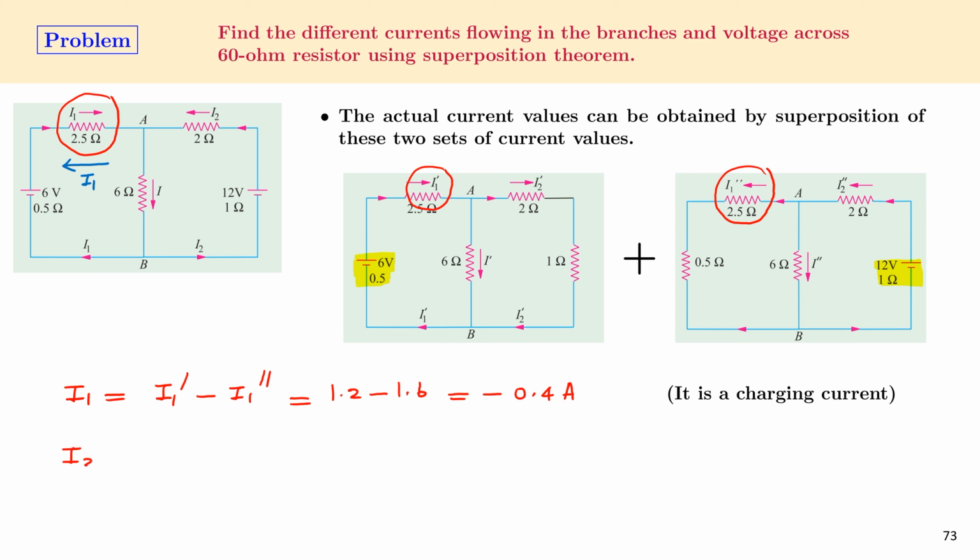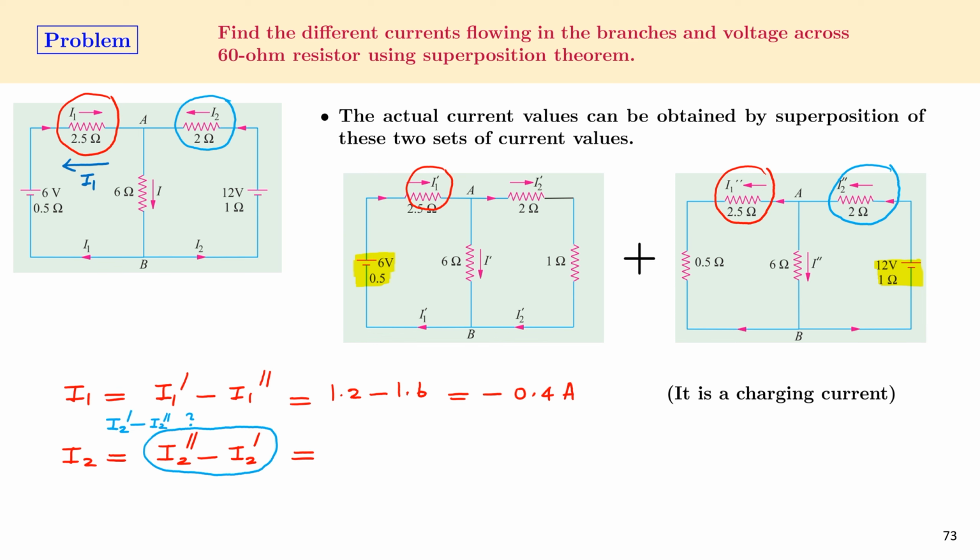And I2 is equal to I2 double dash minus I2 dash. You might think, why is this not written like I2 dash minus I2 double dash? This is because the assumed direction of I2 and I2 double dash are along the same direction. Therefore, in writing I2, we'll take I2 double dash minus I2 dash.